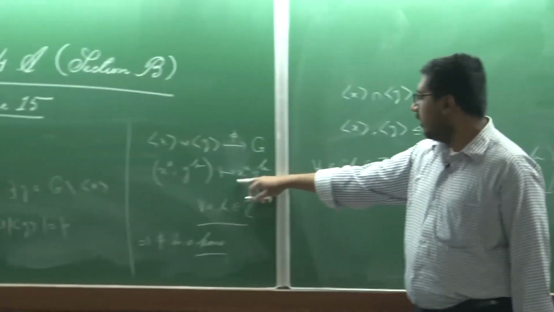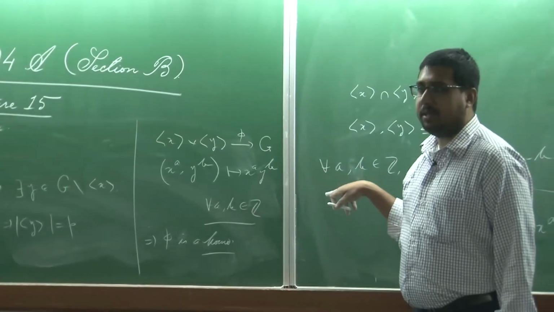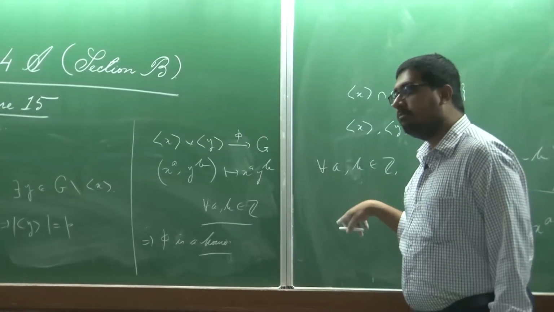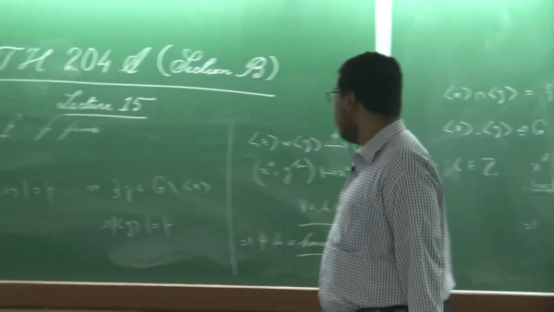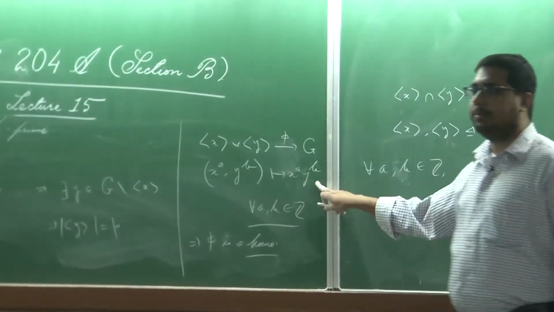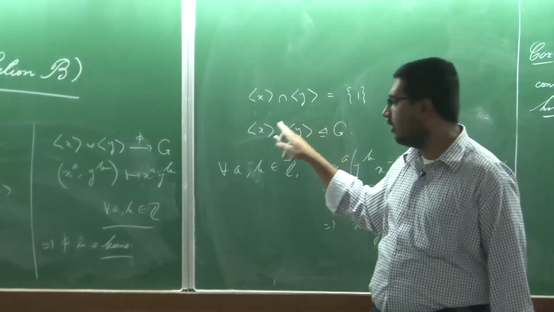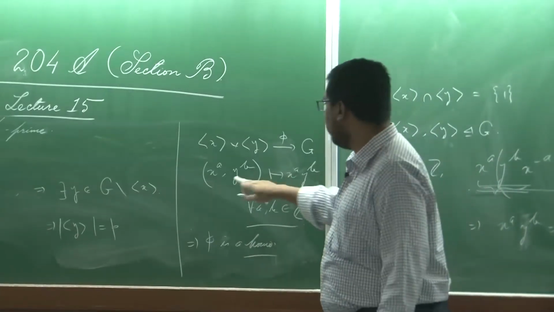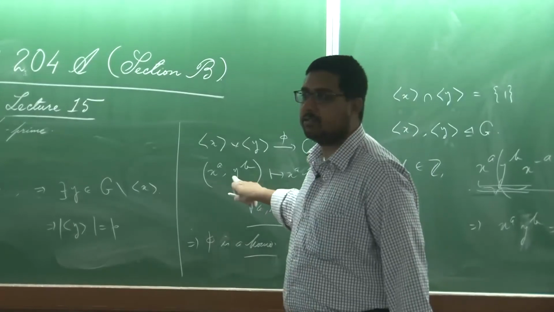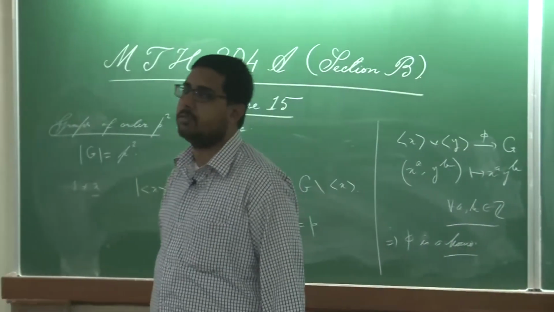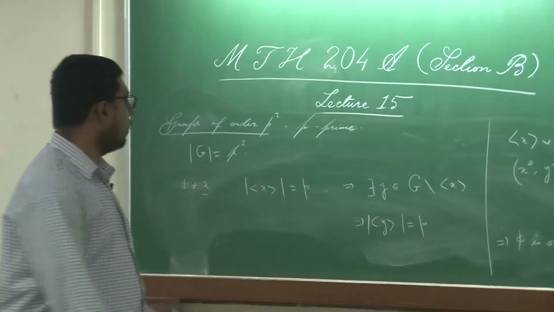Kernel means x to the power a, y to the power b equals 1. Bringing y to the other side, we see that both x to the power a and y to the power b lie in the intersection, which is trivial. Therefore x to the power a has to be trivial, y to the power b has to be trivial, hence this map is one-one.